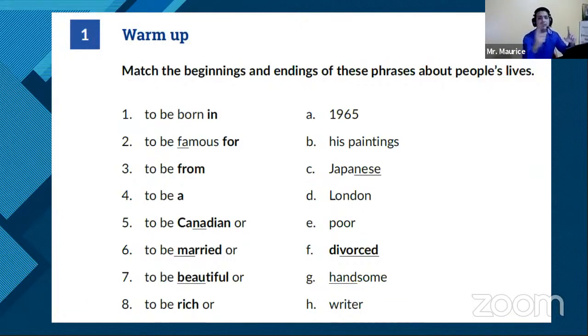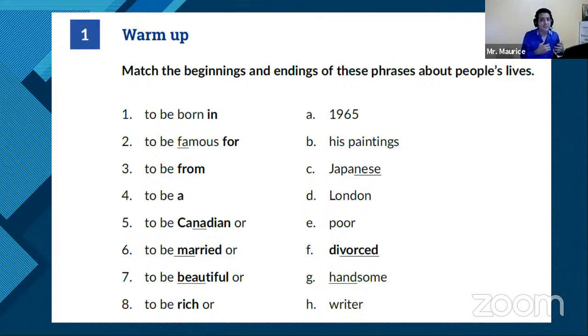I want you guys to match the beginnings and endings of these phrases about people's life. Okay, you're going to match beginnings. Beginnings means comienzo, the beginnings, and endings.